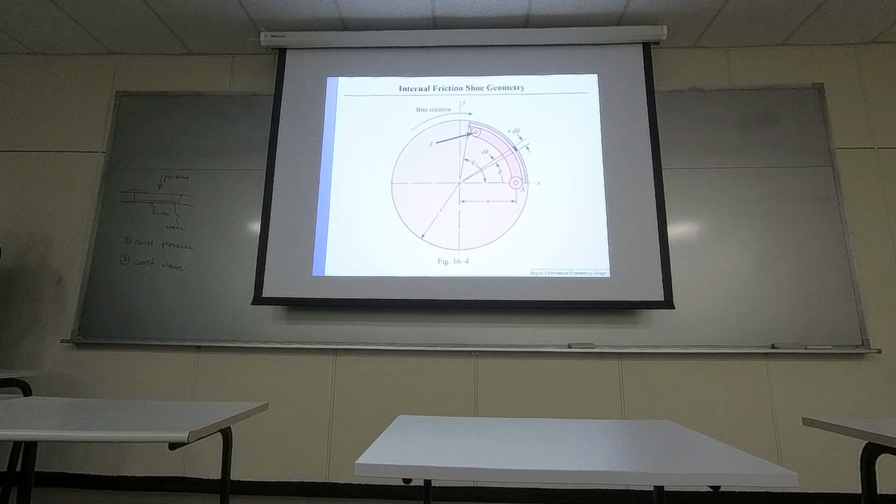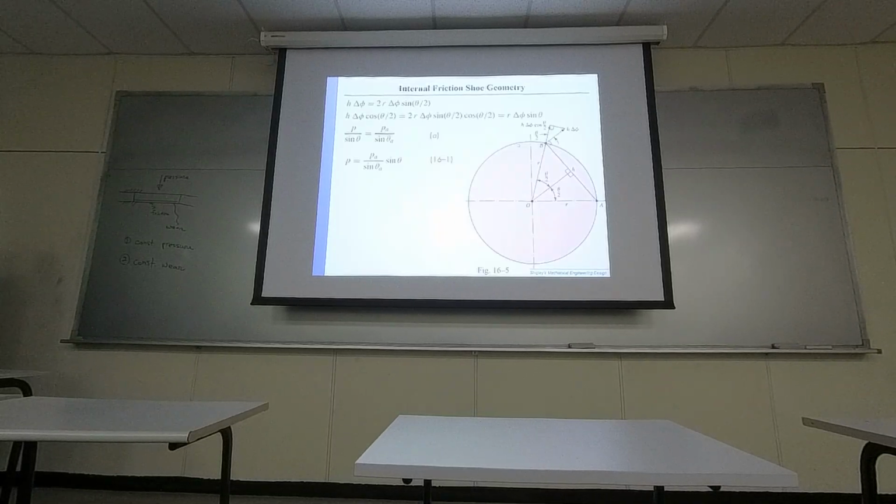They make a small cut, and the small cut has an arc length of radius times the small increment of theta. So just a tiny area, okay? Then they start to follow certain geometry.